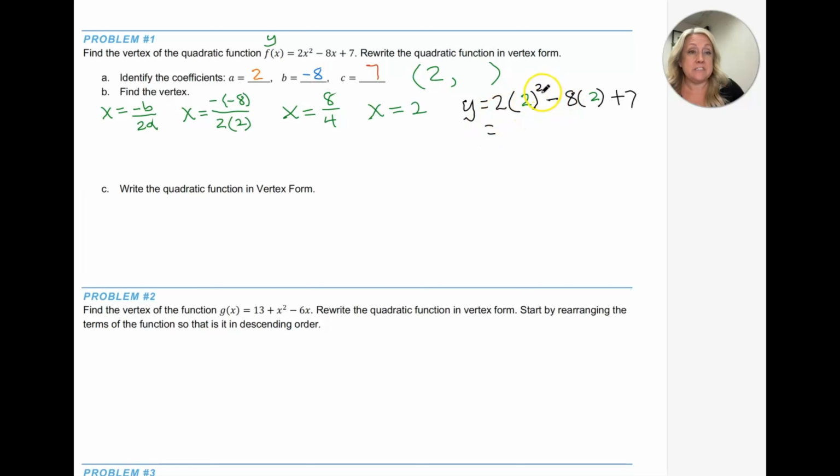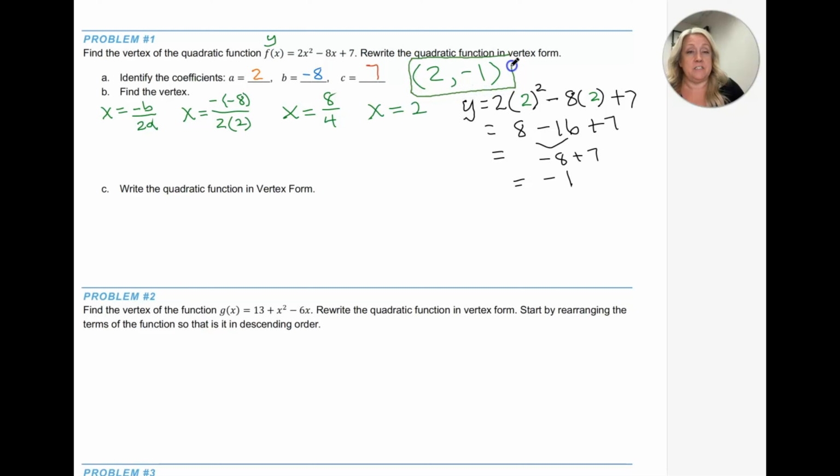So 2 squared is 4, and then 4 times 2 is 8, minus 8 times 2, which is 16, and then plus 7. So 8 minus 16 is negative 8, plus 7 is going to give us a negative 1. So that means our vertex is going to be at the point 2, negative 1.